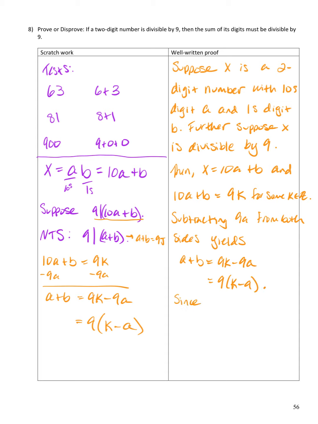And since k minus a is an integer, a plus b is divisible by 9.